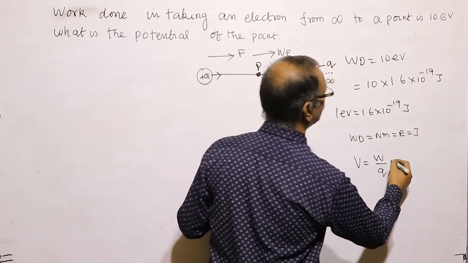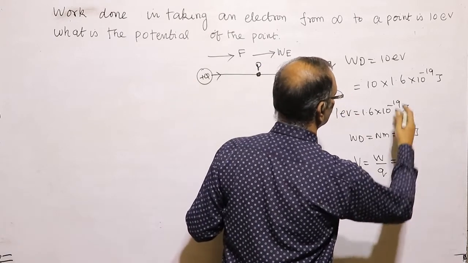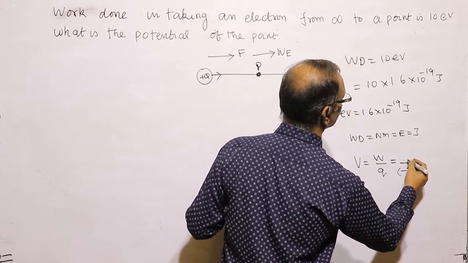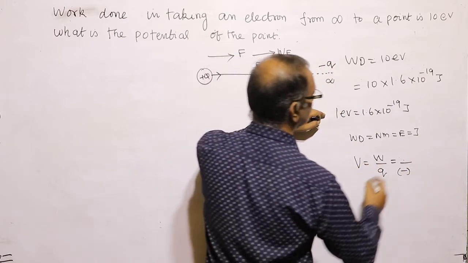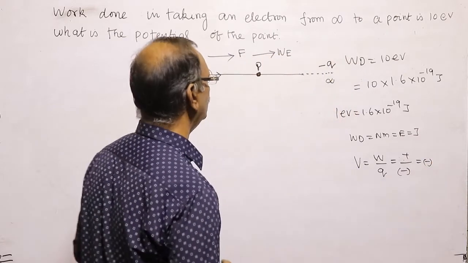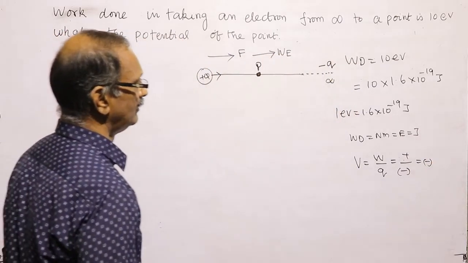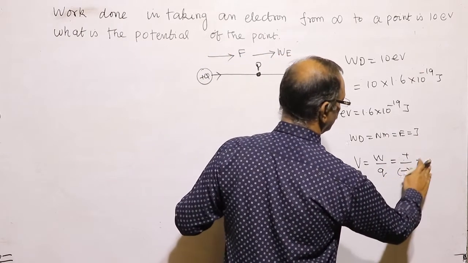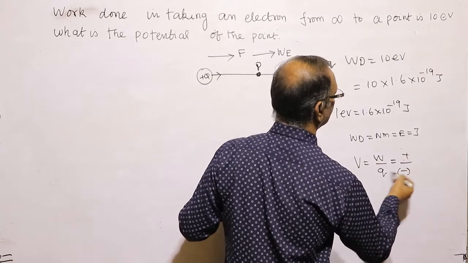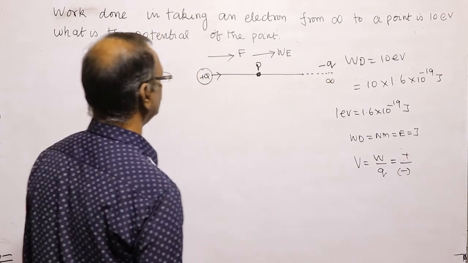So work done here is equal to plus work done and charge is a negative quantity. And work done is a positive quantity. So potential should come as negative only. Let us see. That's why we have to make sure that work done also is given with a proper sign and charge also is given a proper sign.